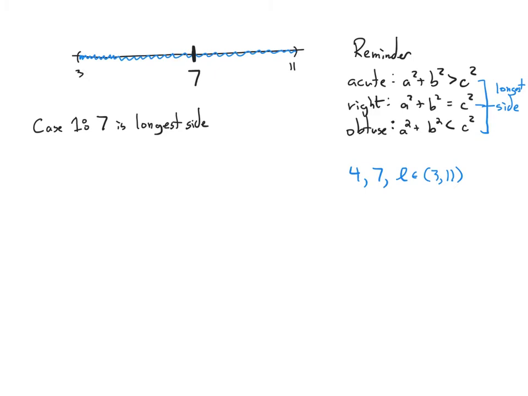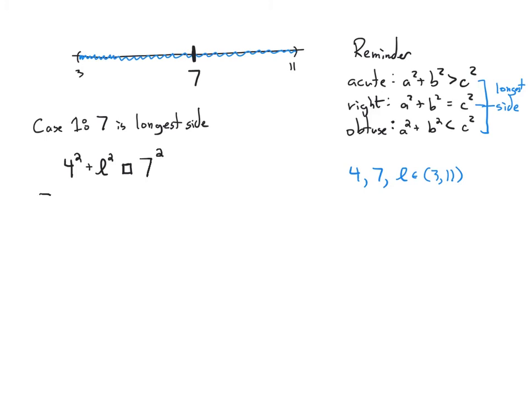Okay, so we're comparing 4 squared plus the other side, L squared. Remember that L is not the longest side. We're saying 7 is the longest side. So we're comparing this. I'll use that symbol. This is either going to be an equals, a greater than, or a less than. I'm just putting a square there because it could be any of those right now. And we're comparing it to the longest side squared, so 7 squared.